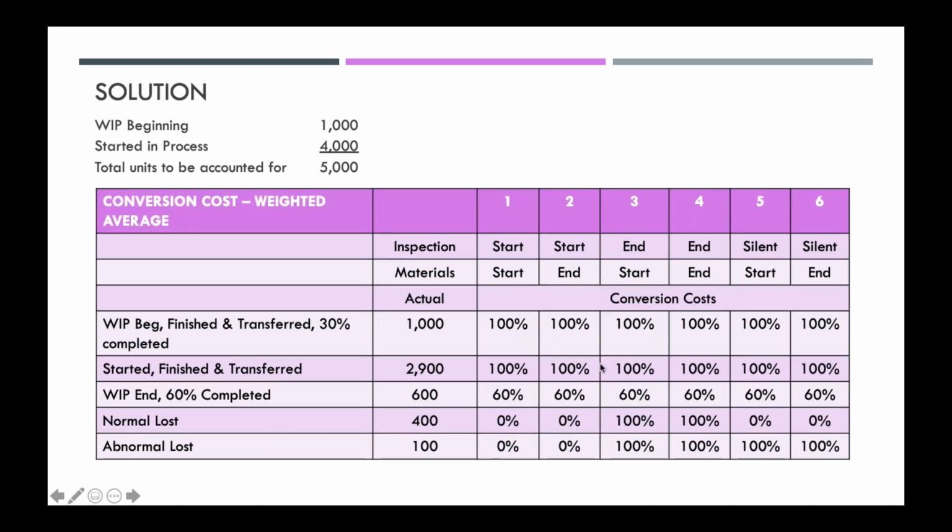For conversion cost, the same, 100%. We will not account for work in process beginning separately. We will assume na lahat ng in process beginning and started are applied with all the production cost evenly. Kaya lahat sila 100%.